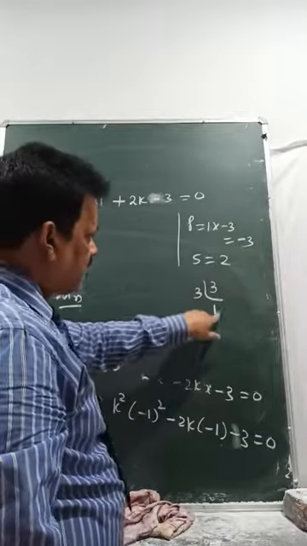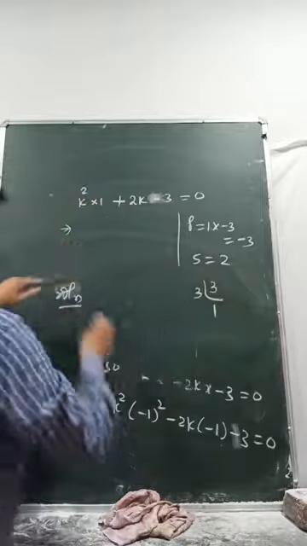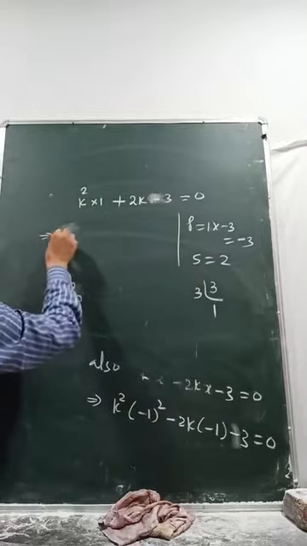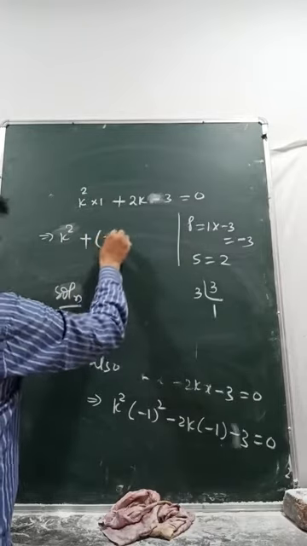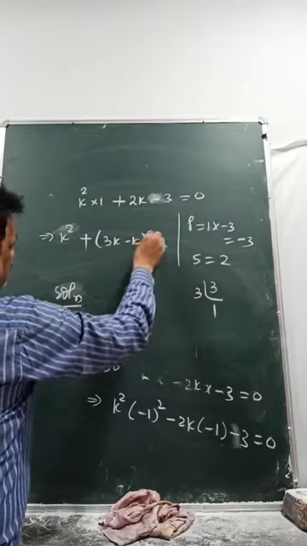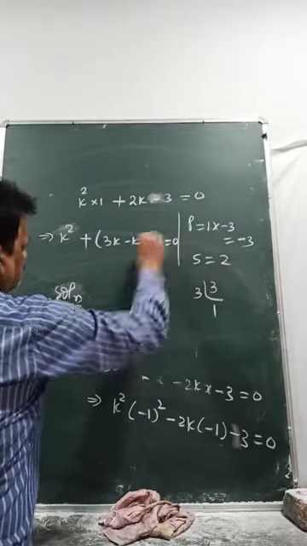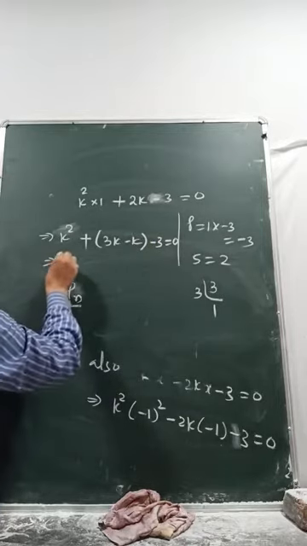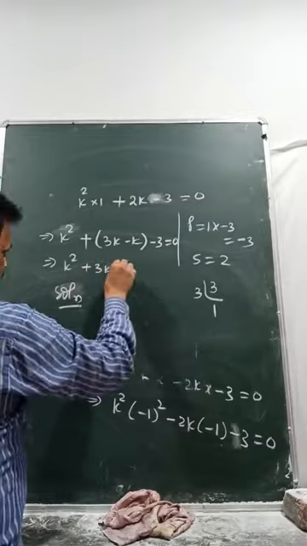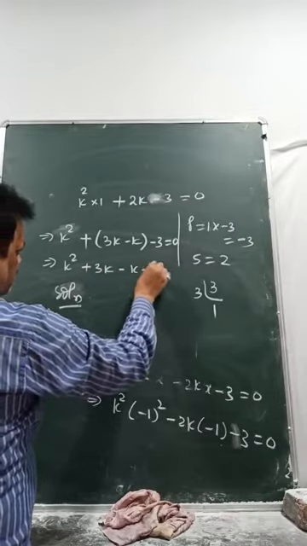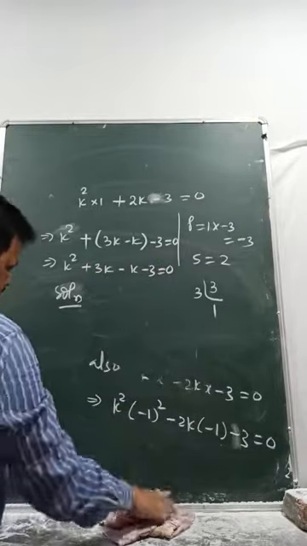So 3 minus 1 is 2. So we write here k square plus 3k minus k minus 3 equals 0.